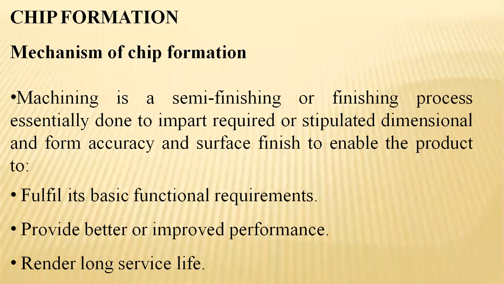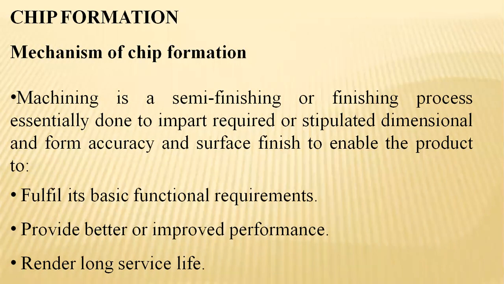When that finishing will be achieved, either in orthogonal cutting or oblique cutting, that will be clearly specified. And whether there are any effects induced within the machining conditions or properties of the material will give a clear understanding of chip formation and the mechanisms of chip formation.